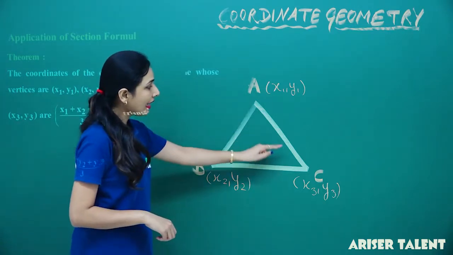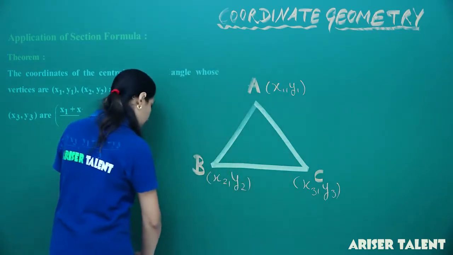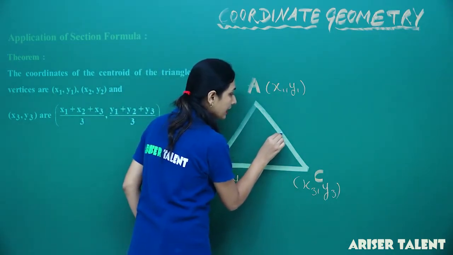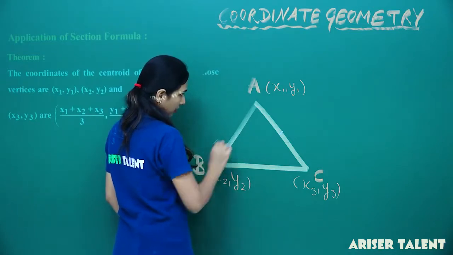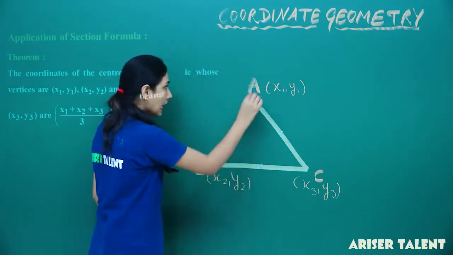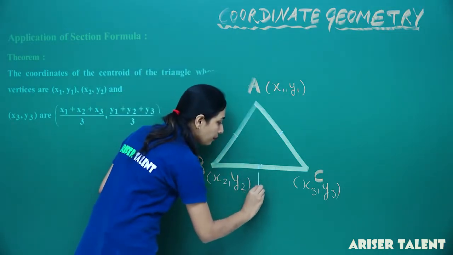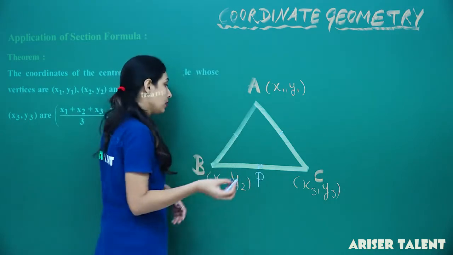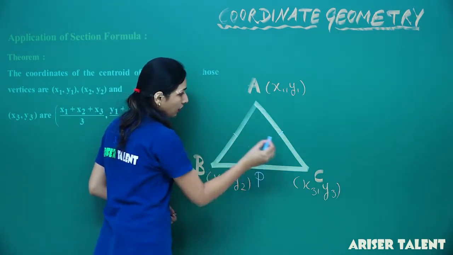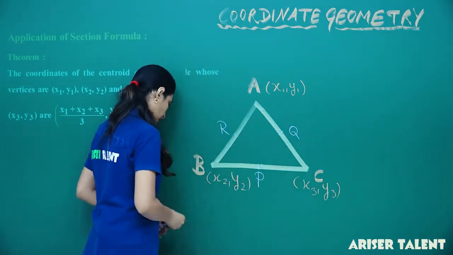Let the midpoint of BC be P, the midpoint of AC be Q, and the midpoint of AB be R.